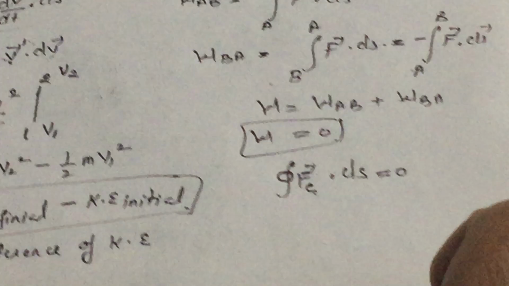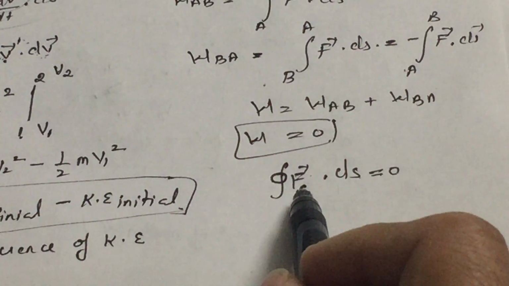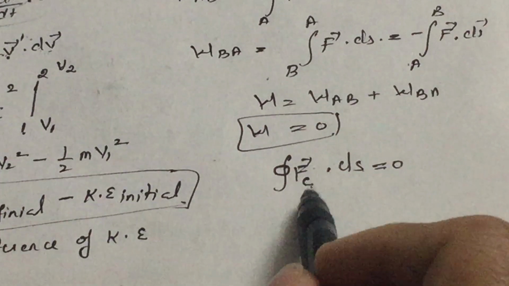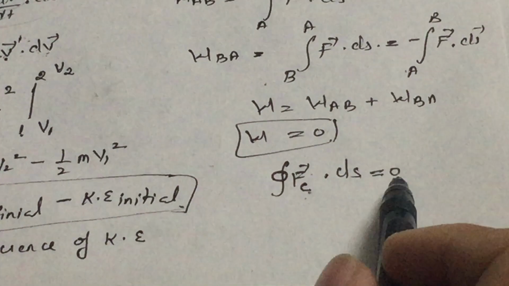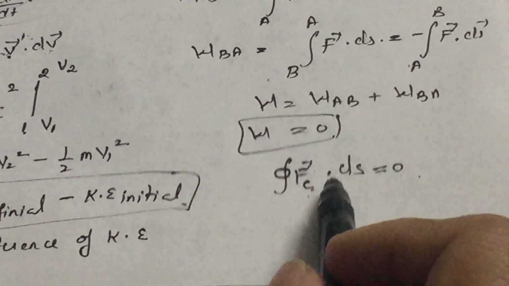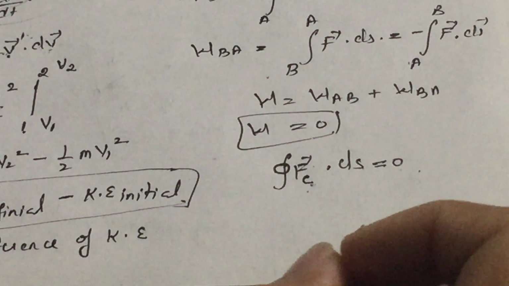Second, if the body is moving in a closed path and the body is experiencing a conservative force, again the work done by these types of forces in a closed loop is equal to 0.